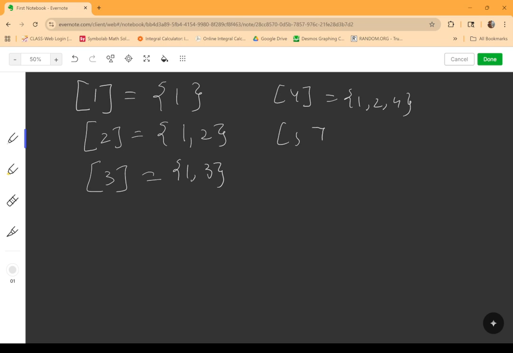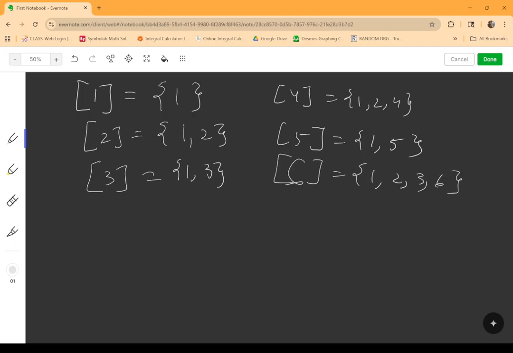The relation class of 5 was 1 and 5. And lastly, the relation class of 6 was 1, 2, 3, and 6.